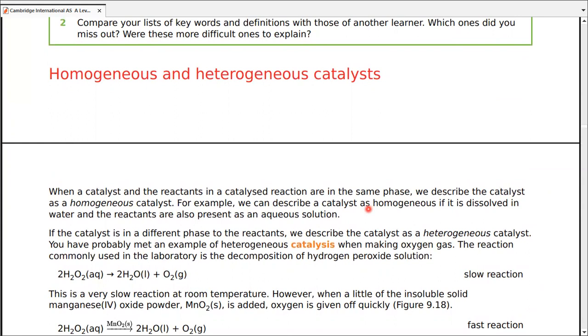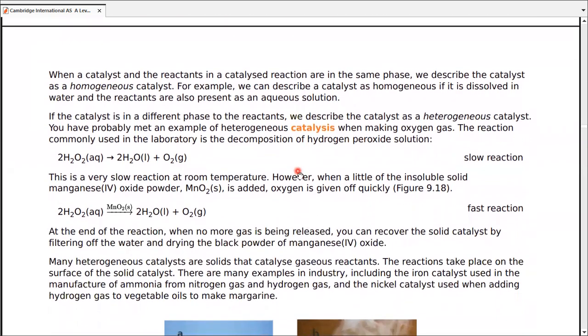Whether you write catalyst or catalysis, both are going to make sense, since on the next page you are going to face both terms. When a catalyst and reactants in a catalyzed reaction are in the same phase, for example, they are all solid, all liquid, or all solutions, we define it as a homogeneous catalyst.